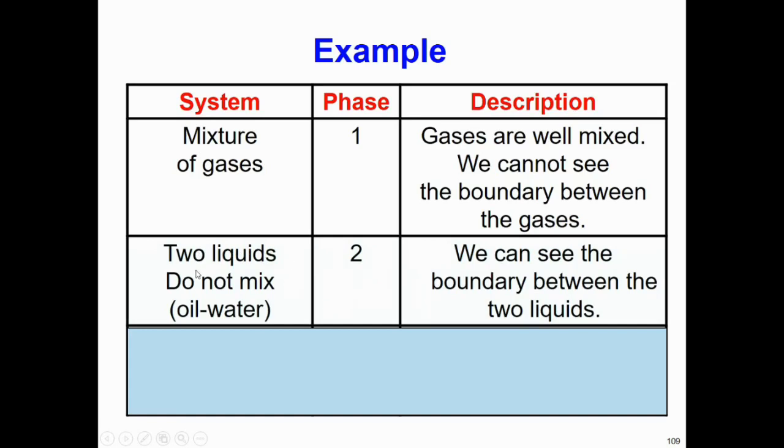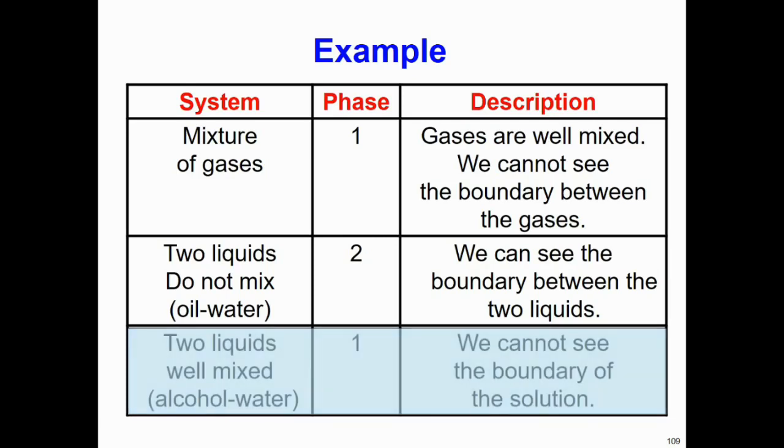For two liquids where both liquids do not mix, for example, oil and water, this is a two-phase system because we can see clearly the boundary between the two liquids.